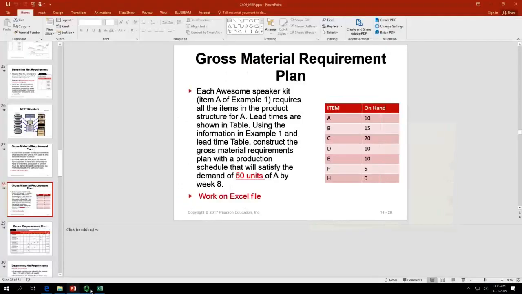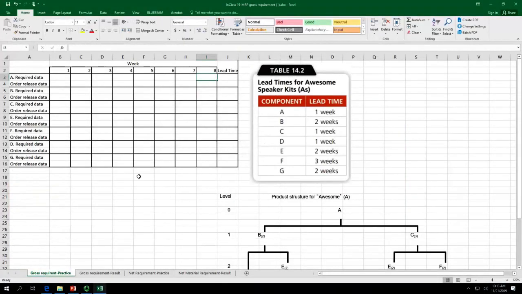So this Excel includes two parts. The first one is if we want to produce 50 pieces over here. So this is the 50 pieces in week 8.